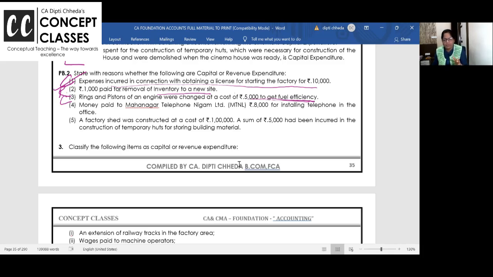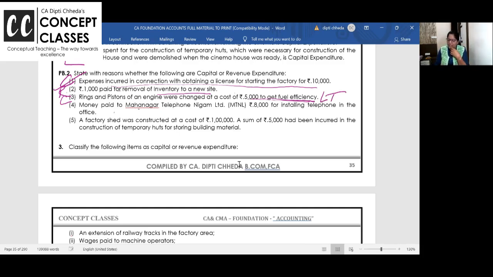You have followed or not? Because routine repairs and spare parts are revenue, but if you change some parts and it is going to improve the efficiency, okay, so जब efficiency improve होगी, your income will increase. It's going to have a long-term benefit, and so capitalize in the books.